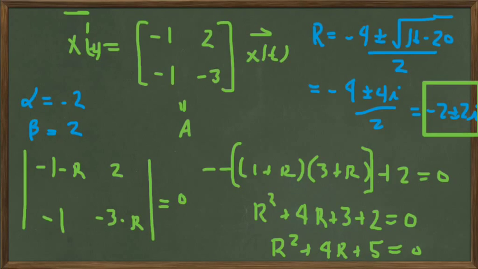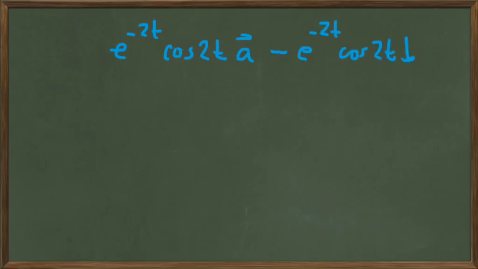It is 2. And so we already know that the structure of our solution will look like this: e to the minus 2t cosine 2t times a vector A that we have to find, minus e to the minus 2t sine 2t, and then there's that vector B that we have to find.